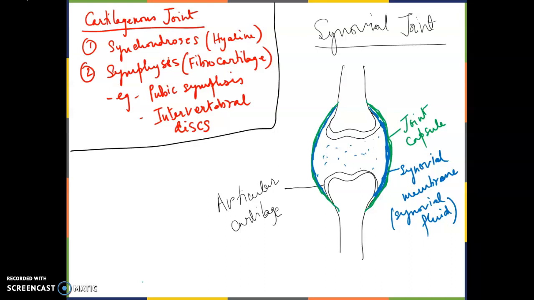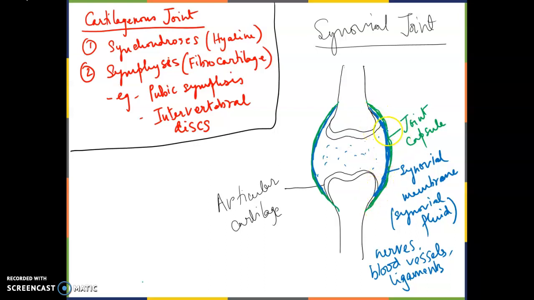Apart from these, we have nerves, we have blood vessels, and we have ligaments strengthening the synovial joint. So to review, a synovial joint is a fluid-filled joint. We have a synovial capsule or a joint capsule.